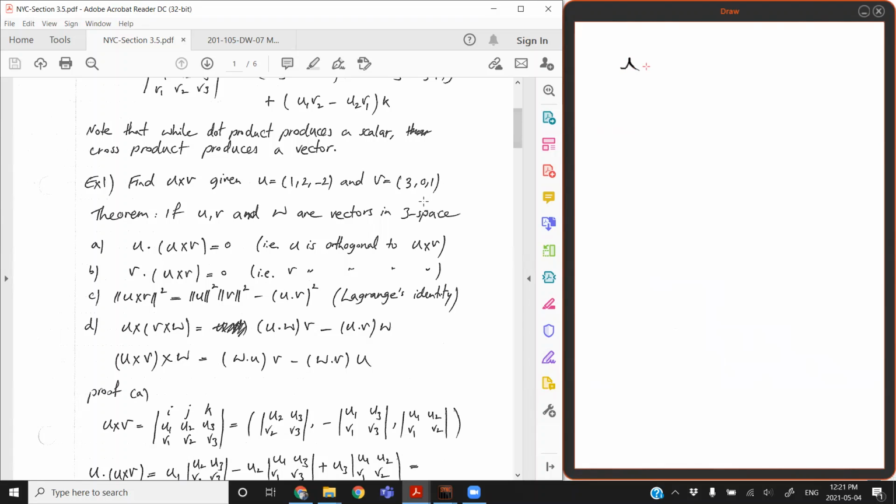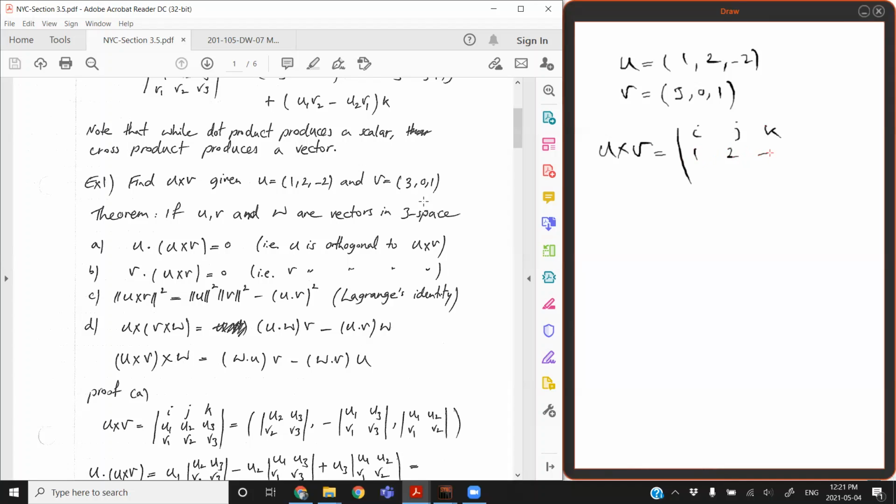So U is the vector 1, 2, minus 2, and V is the vector 3, 0, 1.